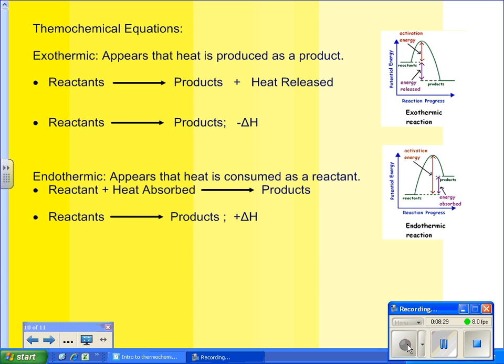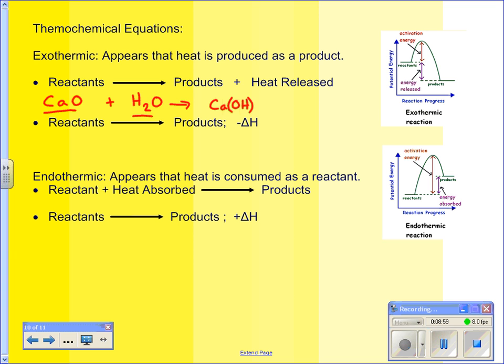So finally, how do we write this? How do we use energy in terms of a traditional chemical equation? Well, we just write in the energy, the heat absorbed or the heat released, as a reactant or a product. So for an exothermic reaction, the heat will actually appear as a product because it appears as though it was produced with the products. So I'll give you an example here. If we look at the formation of calcium hydroxide, this is a synthesis reaction.